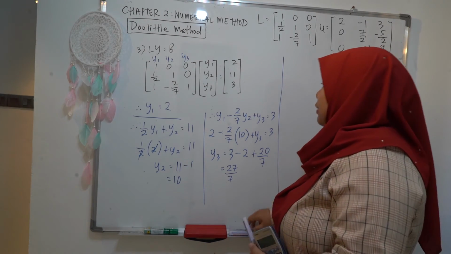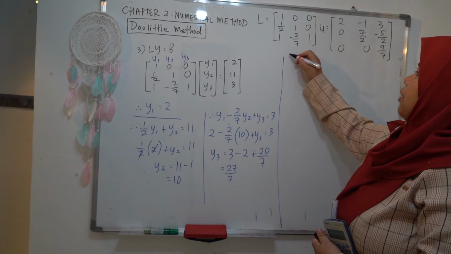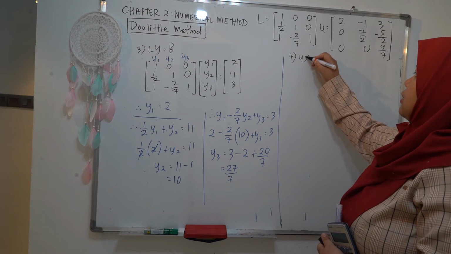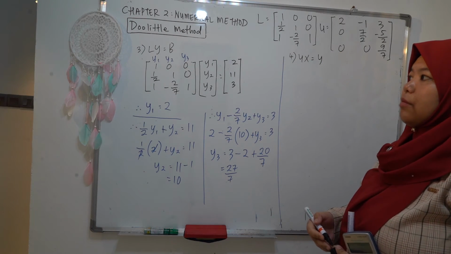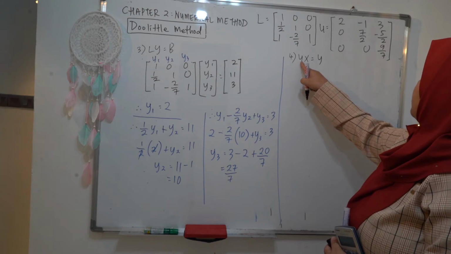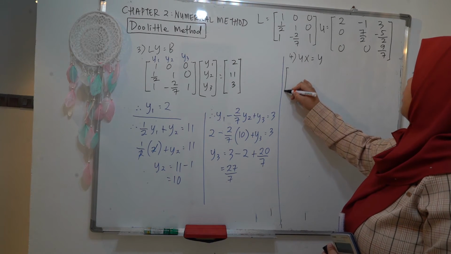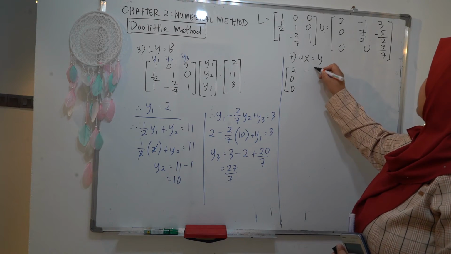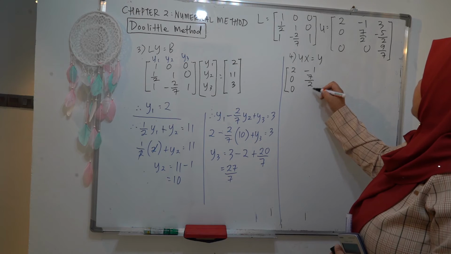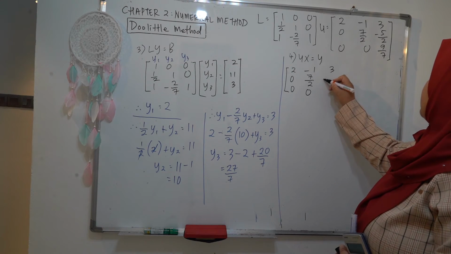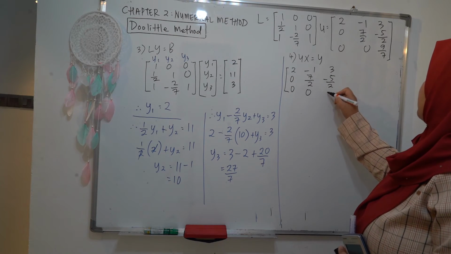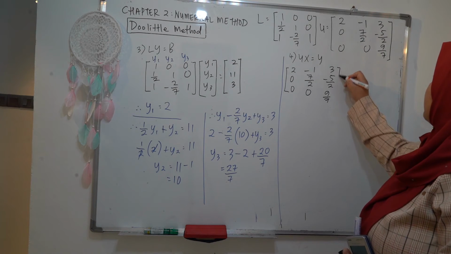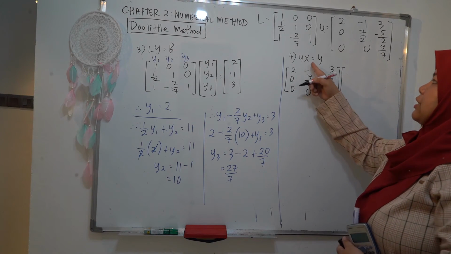So I continue with step 4. Okay, step 4 is Ux equal to y. So what is matrix U? Matrix U is 2, 0, 0, negative 1, 7 over 2, 0, 3, negative 5 over 2, 9 over 7. How about the matrix x?